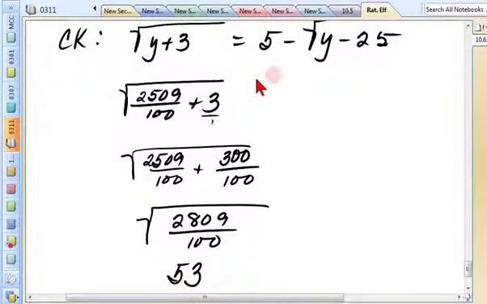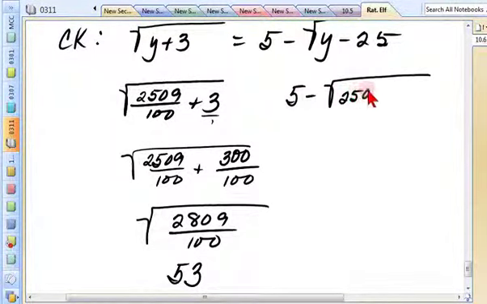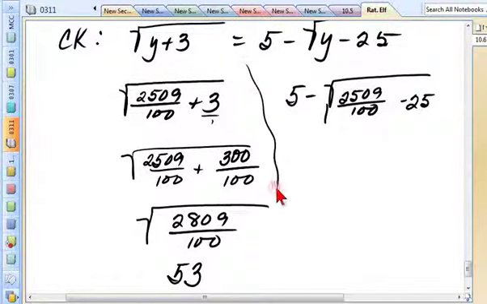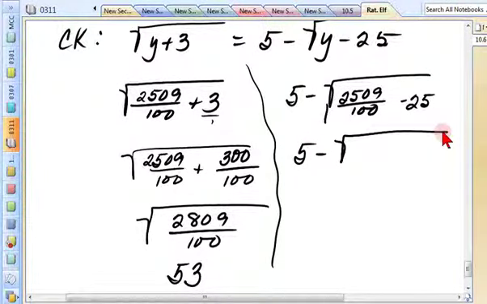Now, the right-hand side. We have 5 minus the square root of 2509 over 100 minus 25. Okay, and this is supposed to be equal. So I have 5 minus, do you agree we need a common denominator again?